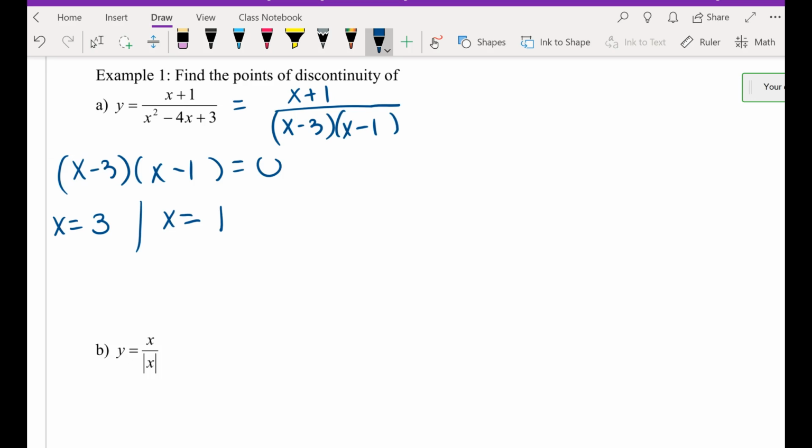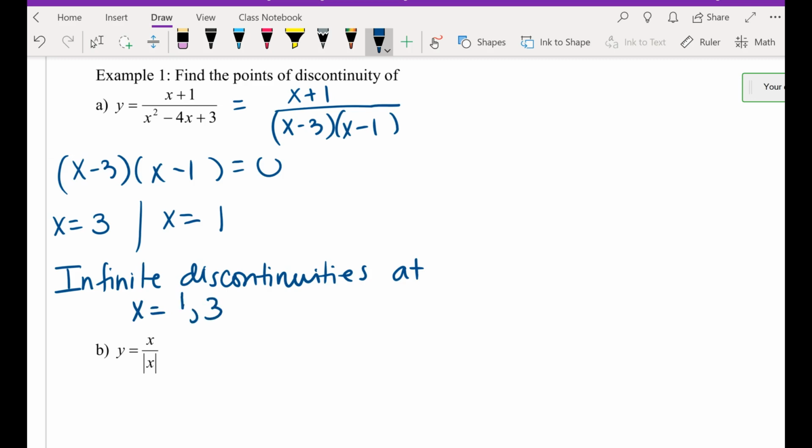Vertical asymptotes. So these are infinite discontinuities at 2 places. At x equals 1 or 3.